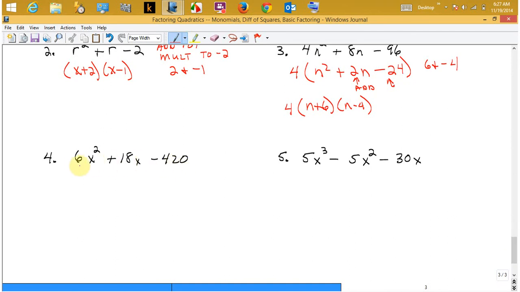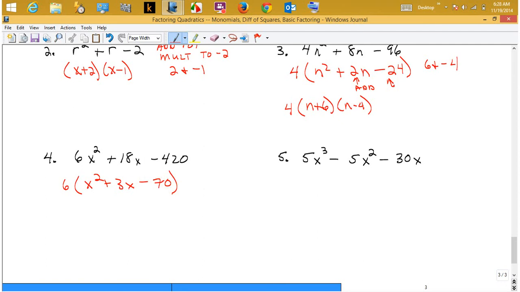Okay, let's look at the next one. It looks like I can factor a common factor out, so let's do that first. Because look at this, I wouldn't be able to use this technique with a 6. It has to be a 1, right? So fortunately I can factor a 6 out. And if I factor a 6 out of negative 420, I get a negative 70.